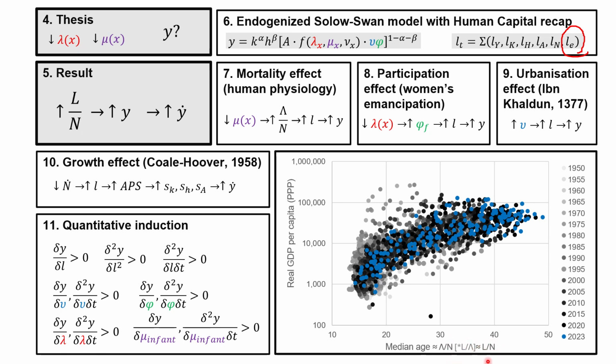But effectively, we're trying to get to what happens as L over N increases in terms of GDP, and it's exactly as per our thesis here. The more adults per capita and the more workers per capita a population can generate, the richer they become. And although it's not easy to see here, the faster they grow.